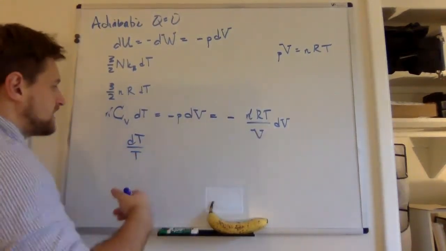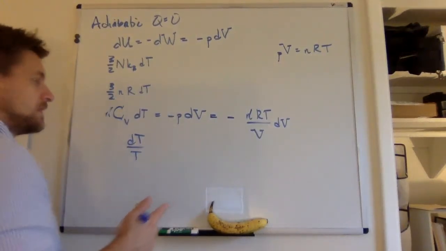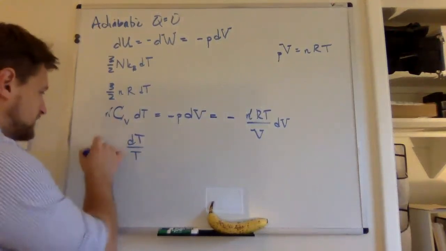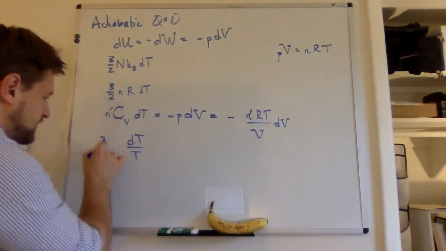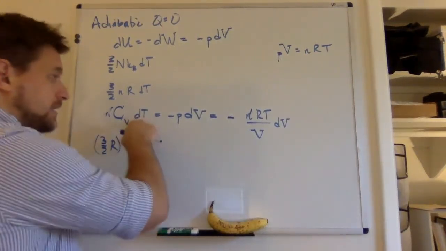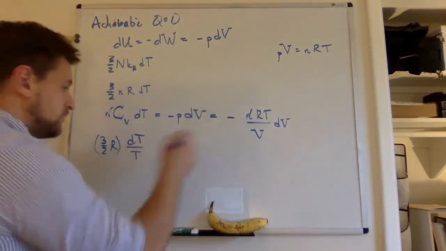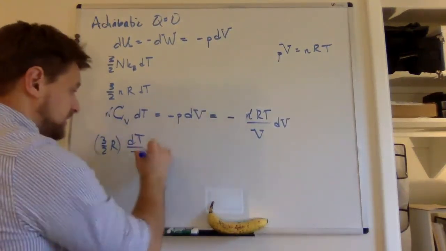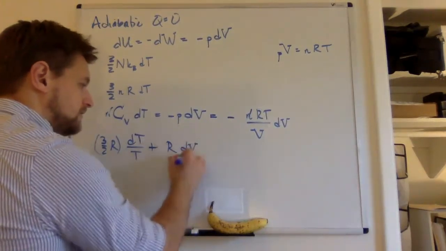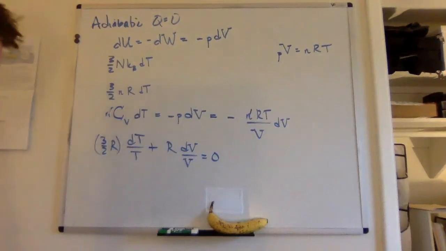Let's bring everything to one side and see if we can get some cool stuff happening there. And let's keep C_V as 3/2 R, just for fun. So we divided both sides by T, and okay, cool. Let's bring that plus R dV over V equaling 0 because we brought that term to the other side.